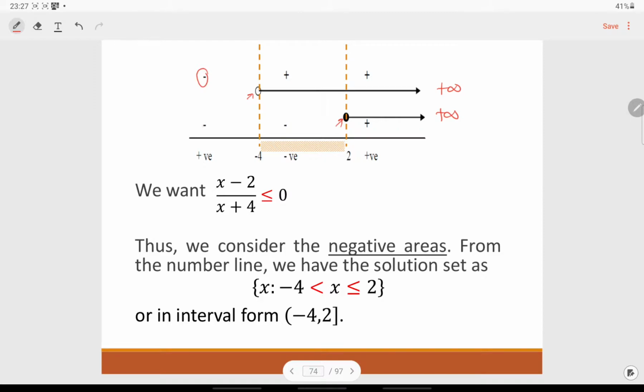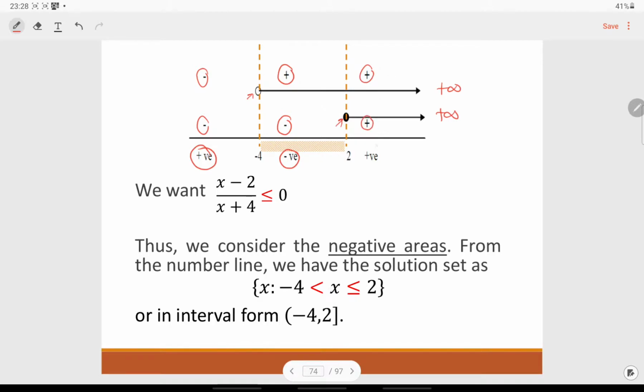Without line is negative, so negative divided by negative is a positive value. In the middle, we have a line here, so we have a positive sign, and without line is assigned as negative. Positive divided by negative is negative. And on the right-hand side we have lines, so that means plus and plus.